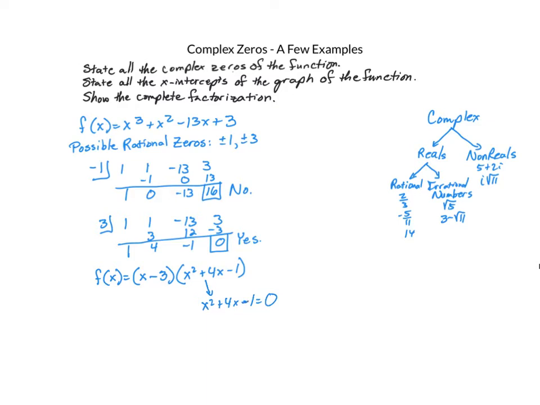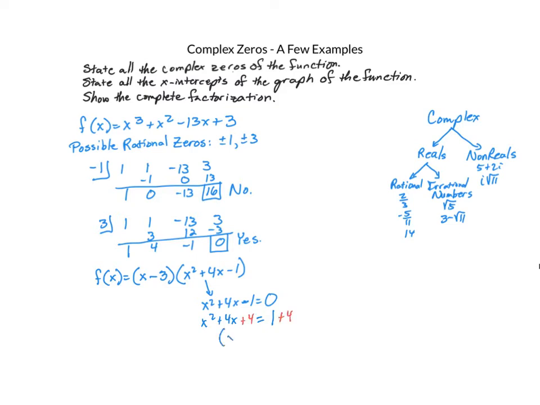And now with that quadratic equation, I can either use the quadratic formula or complete the square. I'm going to complete the square because notice our leading coefficient is 1 and our middle term is even. So we'll add 1. Take half of 4, it's 2. 2 squared is 4. We add 4 to both sides.